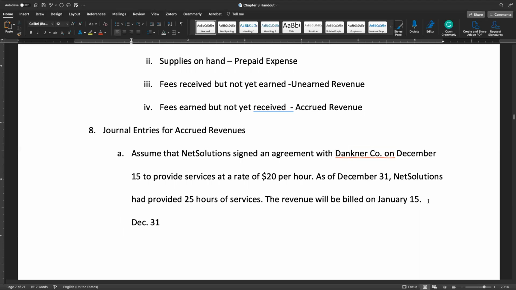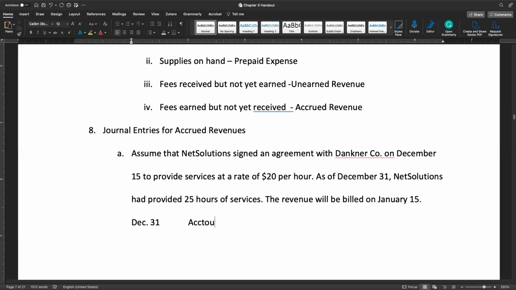So December 31st. Does anyone want to take a guess at what we're going to debit? Someone owes us some money, they're going to pay us later. Annual revenue? Nope. Fees earned is what we're going to credit.